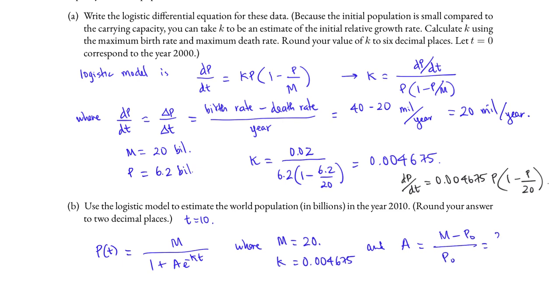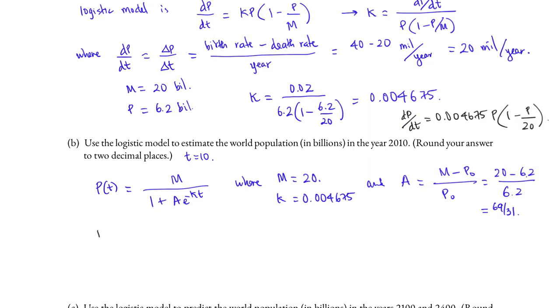M is the carrying capacity and P naught is the initial population. Use these to compute A. We have A equals 69 over 31. Thus P of T equals 20 over 1 plus 69 over 31 e to the negative 0.004675 t. This is the logistic equation.